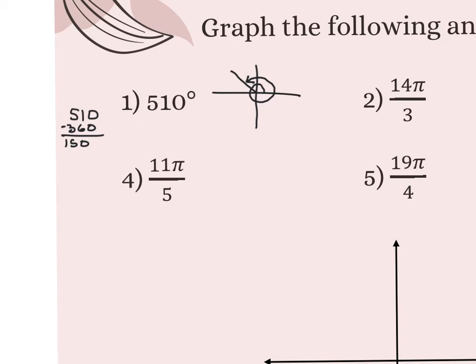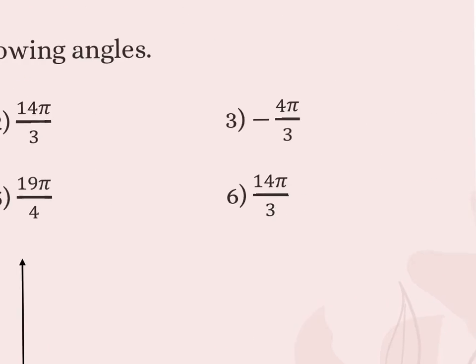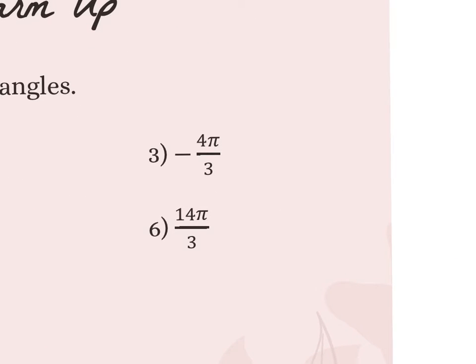Now, notice the arrow here. When you were doing the WebAssign homework last night, if they gave you a question, for example, number 3, if it was a negative angle, when you go to graph this one, your angle is going to go this way.